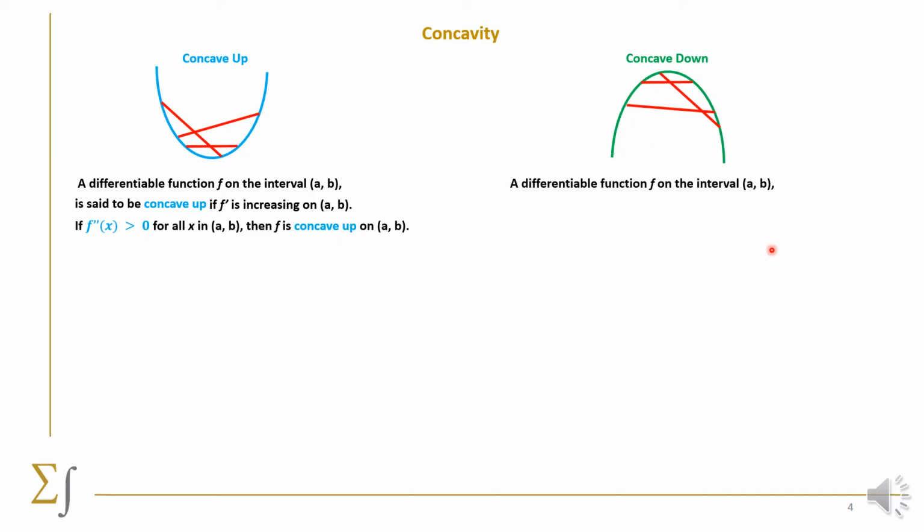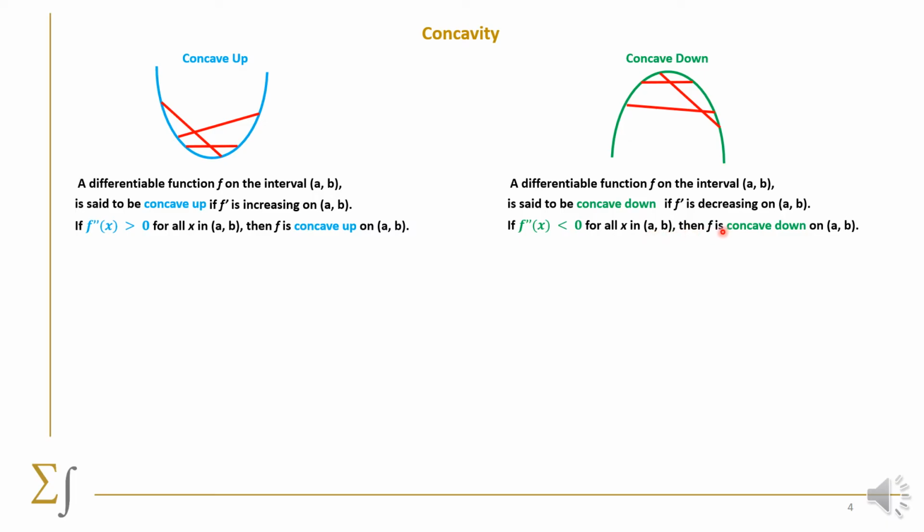Again, for a differentiable function on an open interval (a, b), we call the function concave down if the first derivative is decreasing on (a, b). By decreasing we mean that the derivative has to be less than 0. What's the derivative of f prime? It is f double prime. So the criterion will be: f double prime of x is less than 0 for all x in the interval (a, b).